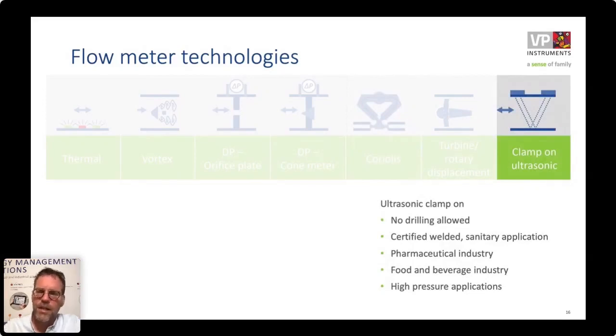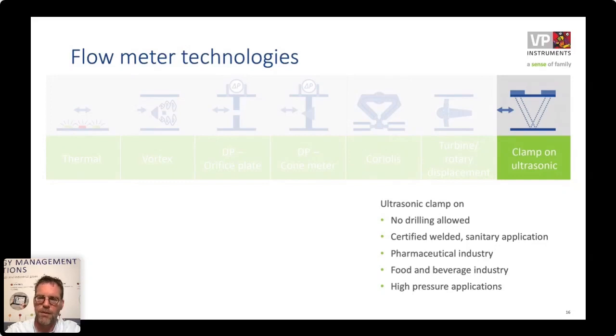Another technology we will find in compressed air, and also in technical gases, is the clamp-on ultrasonic flow meter, which is very interesting and convenient because you can basically clamp it around the pipe, and it sends ultrasonic waves through the gas and picks them up again. By doing that, it can measure the velocity. And you don't have to drill any hole.